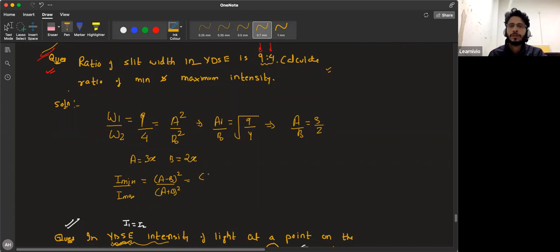So how much is a? A is 3x. What is b? 2x. Then (a minus b) is x, so x square. Then (a plus b) is 5x, whole square, which is 25x square.